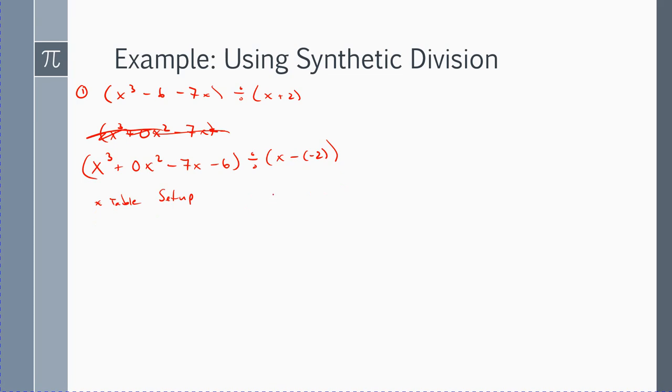It kind of looks like an L. You're going to take this c and put it right here in the table. And then up the top of this table, you're going to put the coefficients of your polynomial. So the coefficients here were 1, then a 0, then minus 7, and then minus 6.